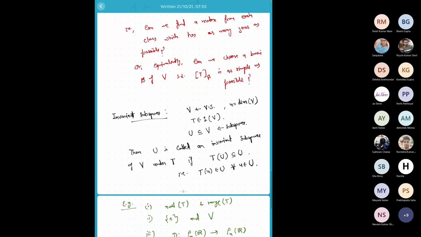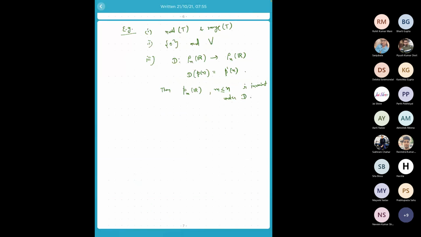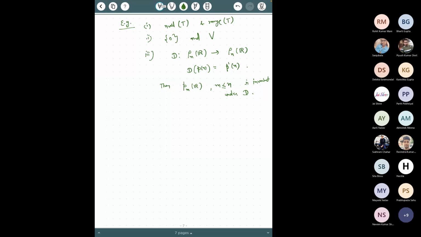Okay, but why am I interested in invariant subspaces, why did I introduce this? Because now you can see, let us again start making observations. We have not defined eigenvalues and eigenvectors yet. We are trying to define that, so we are going in that direction.